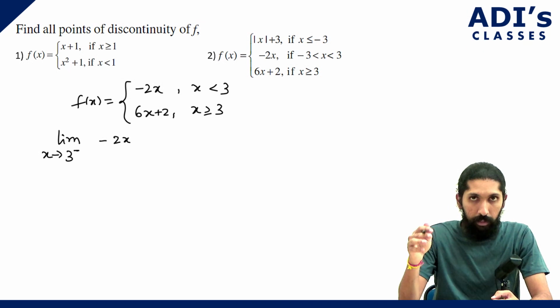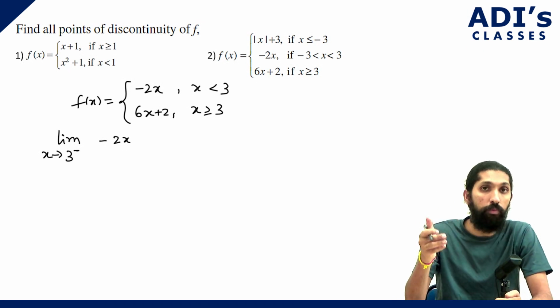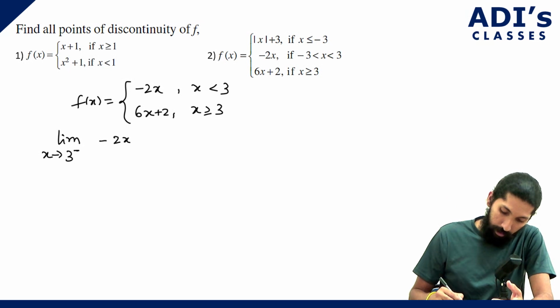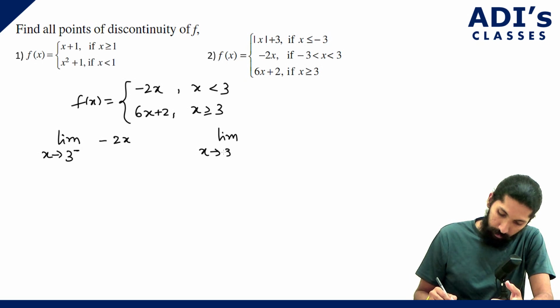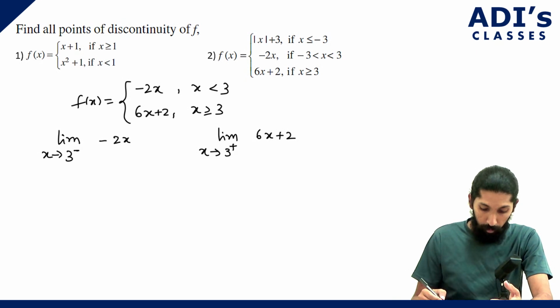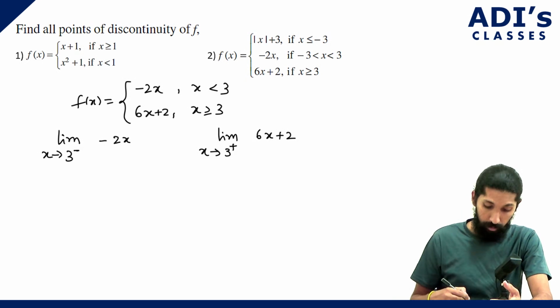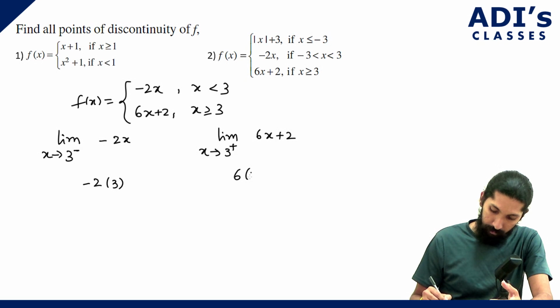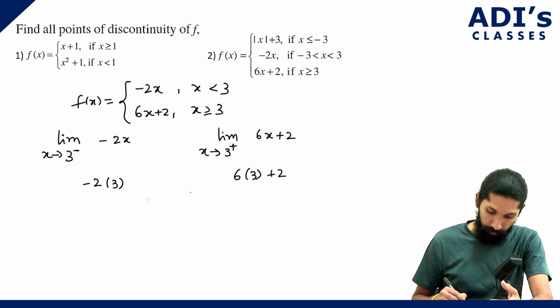I'm directly applying the function itself, because you know f of x is minus 2x. RHL is the limit as x tends to 3 plus of 6x plus 2. Now we apply the value: minus 2 times 3, and here 6 times 3 plus 2.